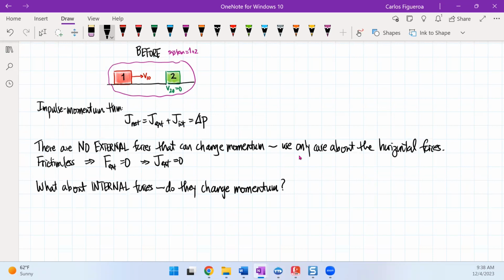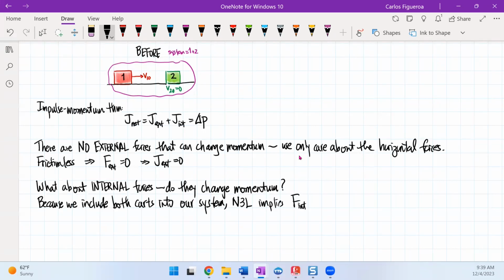And what we find here is that because we included both carts into our system, Newton's third law implies that the internal forces are going to be two of them.